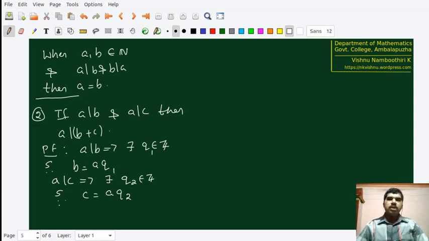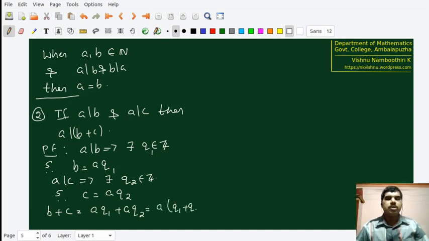So we want to see if a divides b plus c, or we have to express b plus c as a product of a and some integer. So what is b plus c now? b plus c equal to aq1 plus aq2, but that is equal to a into q1 plus q2. We can call this to be some q3, where q3 is an integer. So we have b plus c is a product of a and some other integer. Therefore, a divides b plus c.